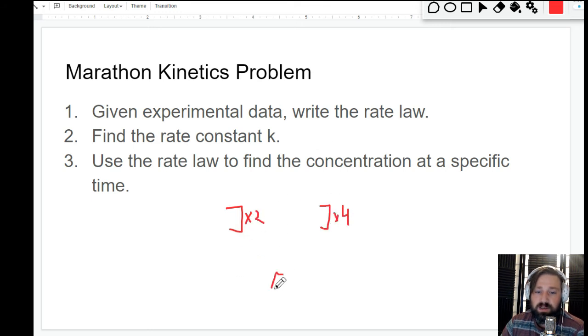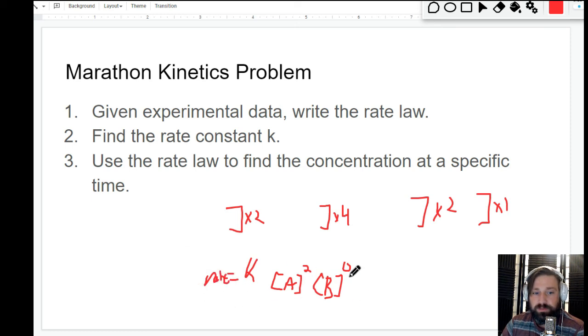So the concentration of A is to the second, and with this one you do the same thing. I doubled this, and it didn't change at all, so this is zeroth order. And then you can plug in whatever these numbers are and figure out k. Once I have k, I can ask you, at 200 seconds, what is the concentration going to be, and so on and so forth.